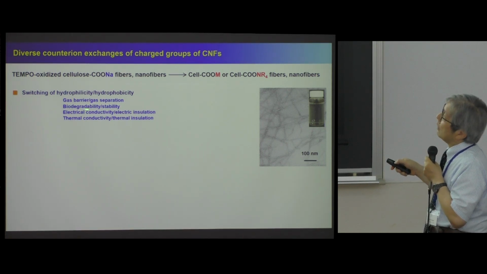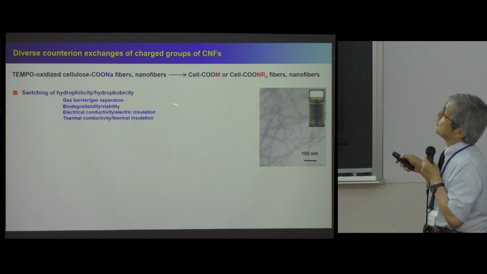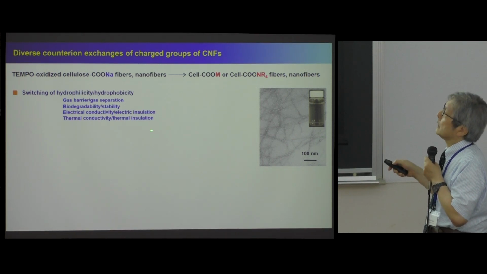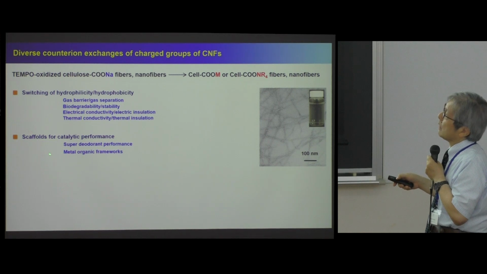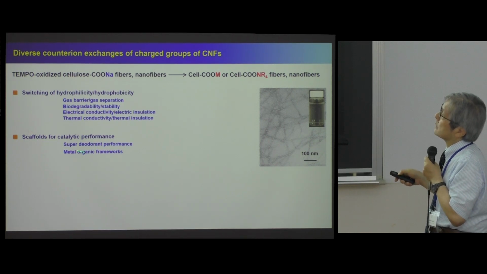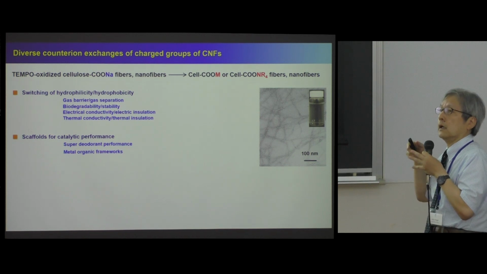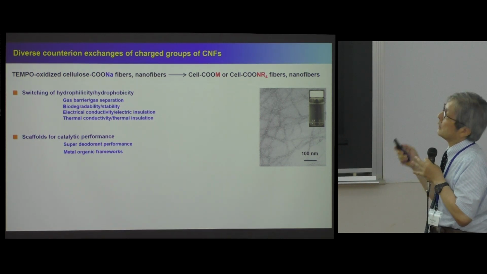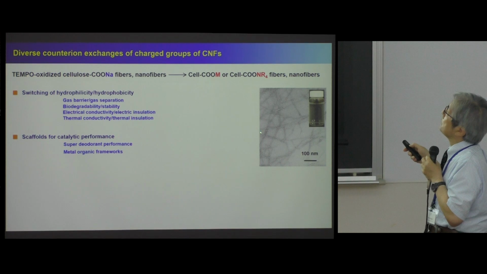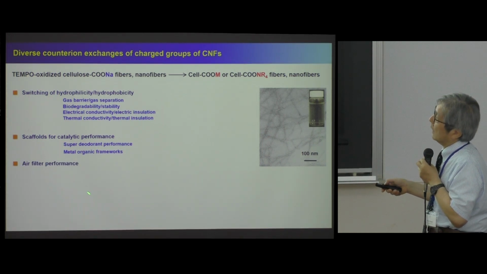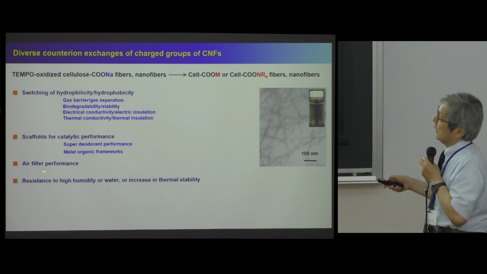And switching of hydrophilic and hydrophobic properties can be achieved, like this one. And also a scaffold for catalytic performance, like super deodorant performance. And also, have you ever heard of MOF? It's a metal organic framework, which can be abundantly, position-selectively introduced just on the surface. And air filter performance, resistant to high humidity and such.